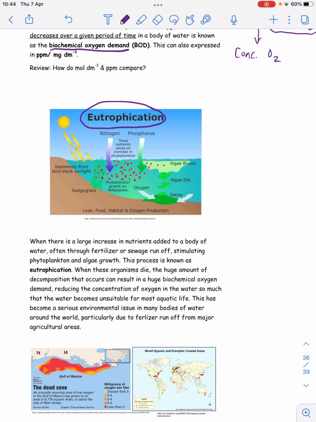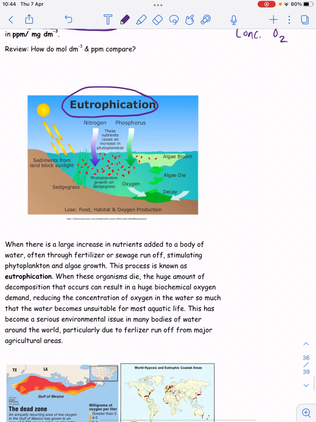And if you dump these fertilizer compounds, nitrates and phosphates, into a body of water, it will essentially fertilize the aquatic plants, particularly the algae, and it will cause these huge amounts of algae to grow, and they call these algal blooms.